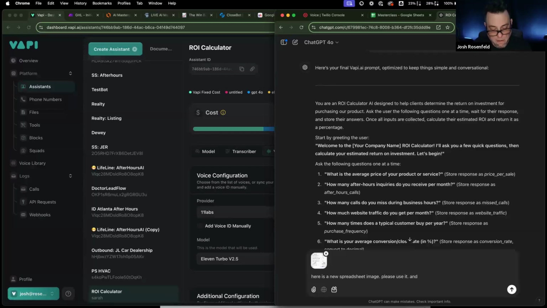And add in a part after the calculation about how much money they are leaving on the table every month and over 1 year. Okay.